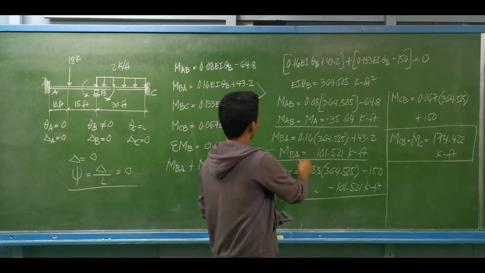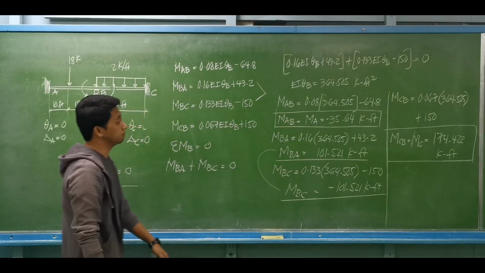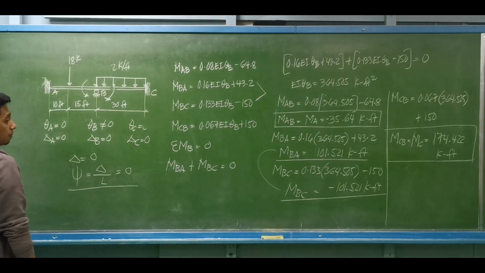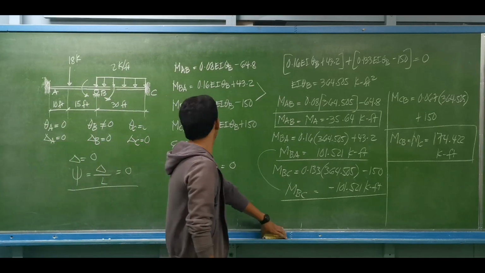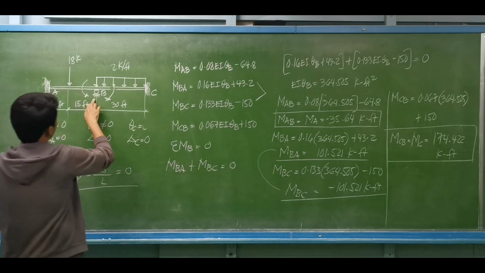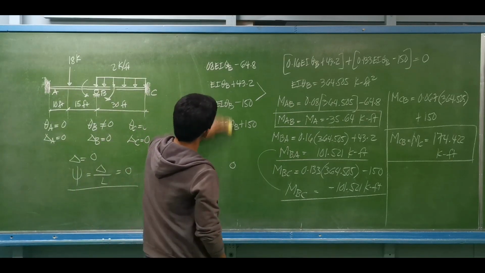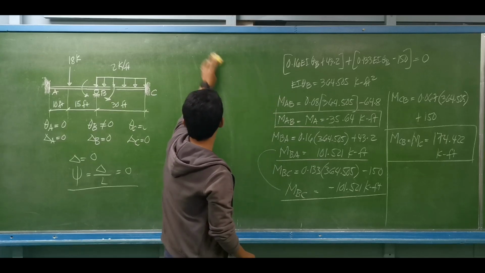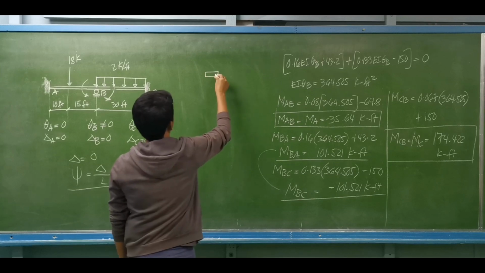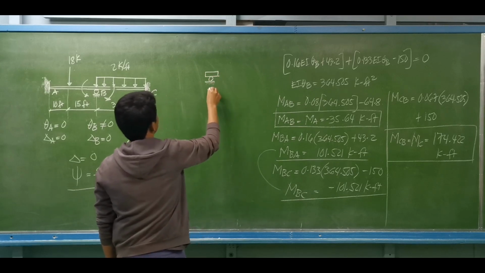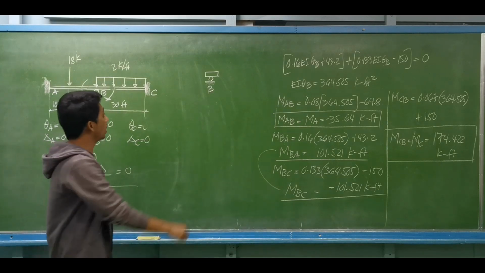So we have the moment for span AB, the same as the moment at A, negative 35.64. And the moment at C is positive 174.422. But if we are to analyze the actual moment at B, let's say this is the moment B. What is the moment for span AB?